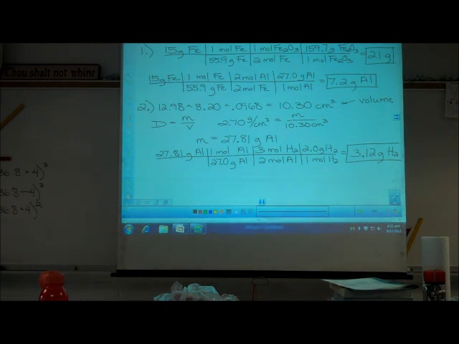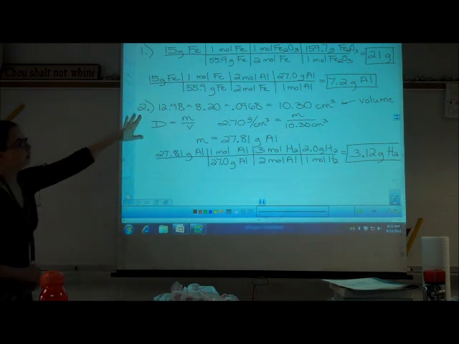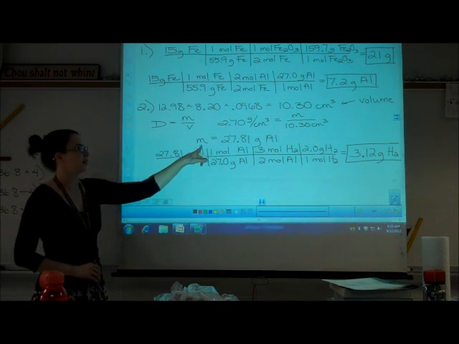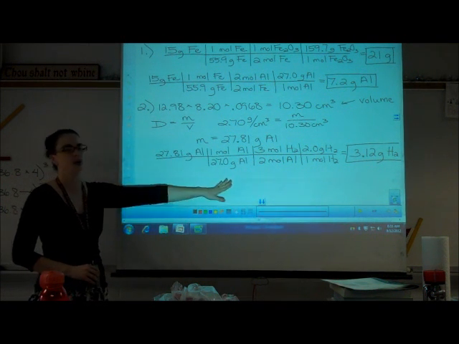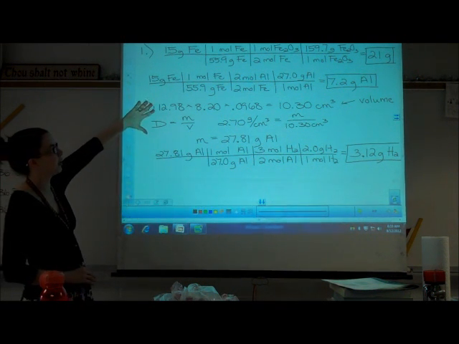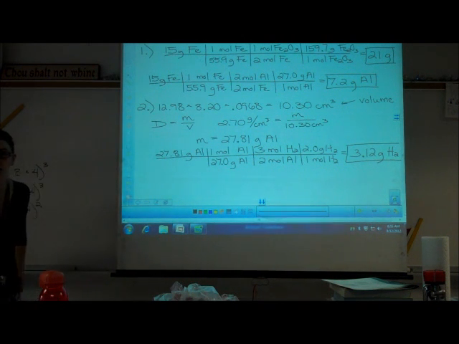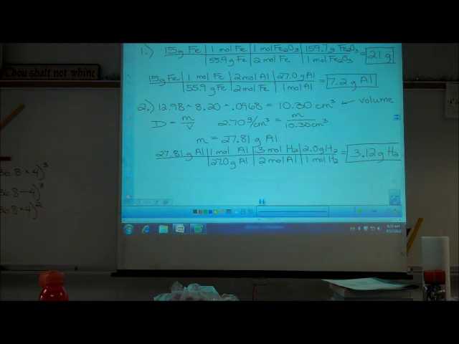You had to figure out how to even get this starting value to begin your stoichiometry. You had to do some calculations using density. I said it before, that is a very common thing in an AP Chem problem. So number 2 is very much like a test question, in that it's not completely straightforward.